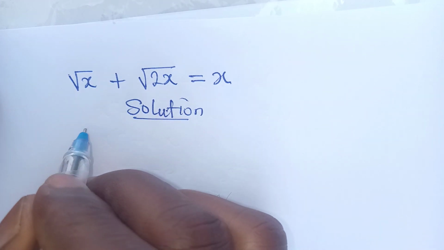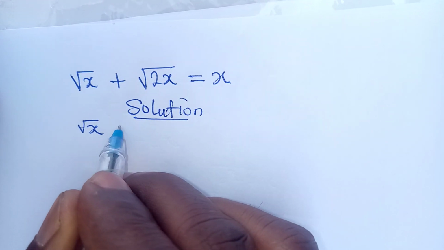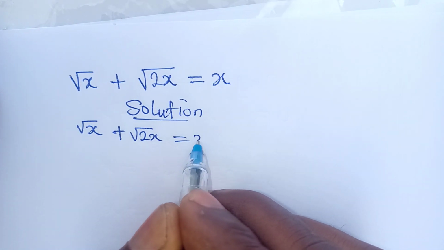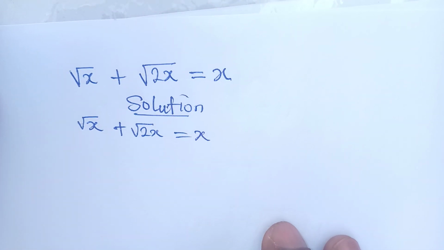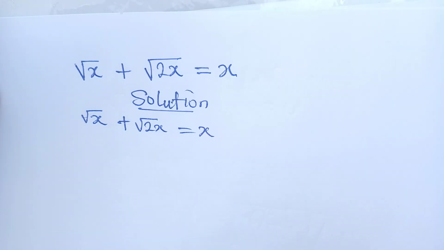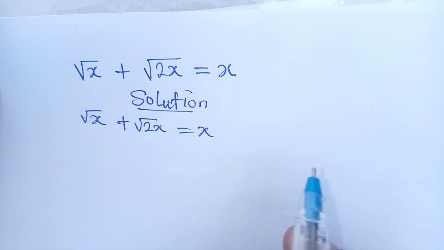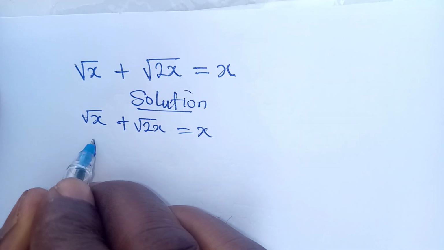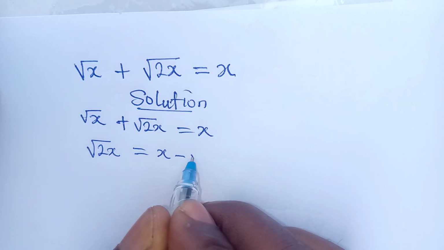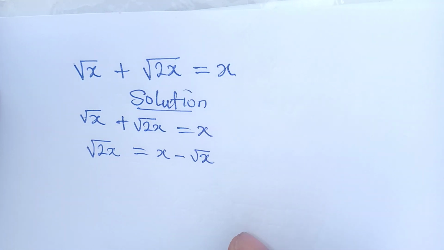Okay, so we have square root of x plus square root of 2x equals x. Now here is what we're going to do first, taking square root of x to the other side. So we have square root of 2x to be equal to x minus square root of x.